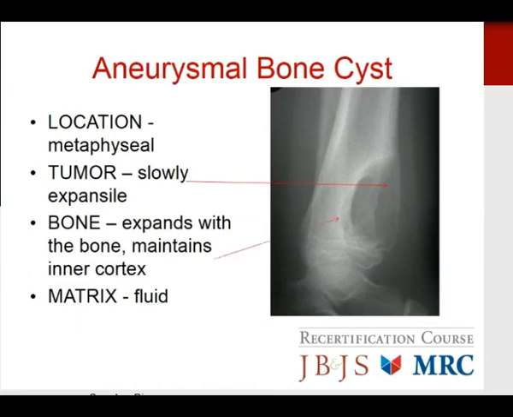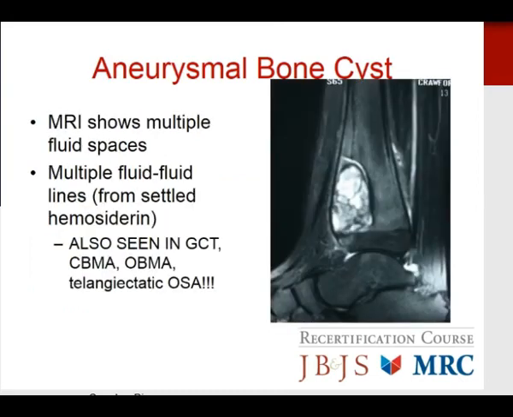And here the arrow shows you the lesion as it expands on the outer aspect of the bone, but a very well-defined sharp border on the inner metaphyseal area. When we look at the MRI scan associated with this X-ray, we see multiple channels and fluid levels or fluid-filled spaces. Again, fluid levels are not specific to an aneurysmal bone cyst per se, but we see aneurysmal bone cysts occur with other lesions, so we often see this.